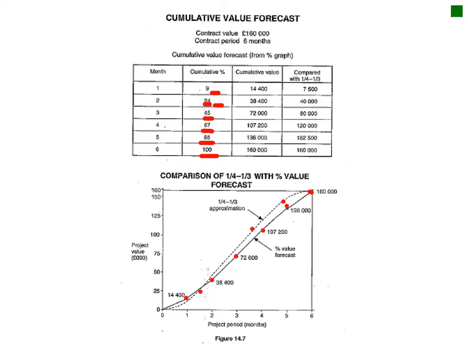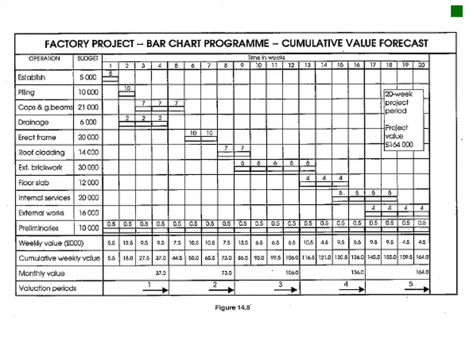You can see more or less here in the middle is where you will have a big variance with regard to that. So you can see that you will have a lower cash flow or expenditure on a project than the S-curve would suggest.